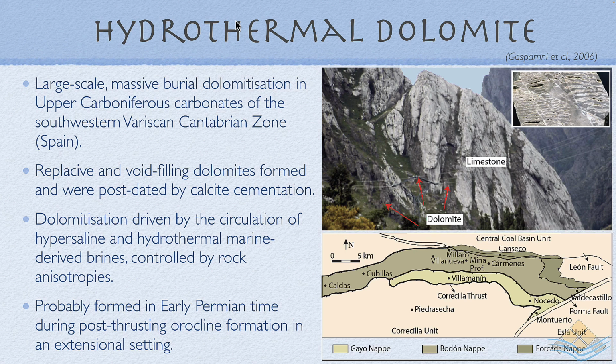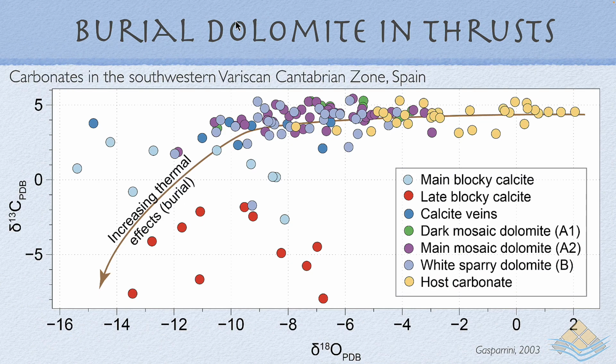The very characteristic feature we see associated with all of these late-stage dolomites is their negative oxygen isotope values. And so here's some carbonates from this same Variscan Cantabrian zone, and quite clearly you can see that the early host carbonate has positive oxygen isotope values. But as we get into the sparry and the saddle dolomites, we see this increasingly negative association.